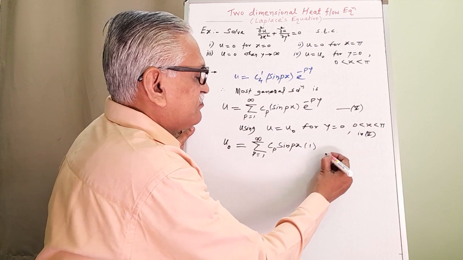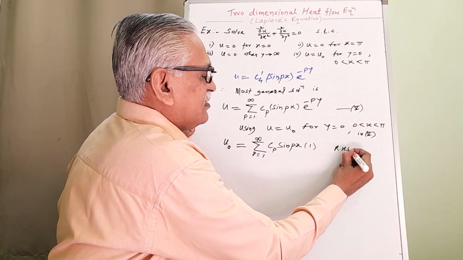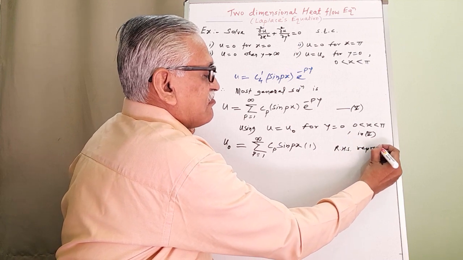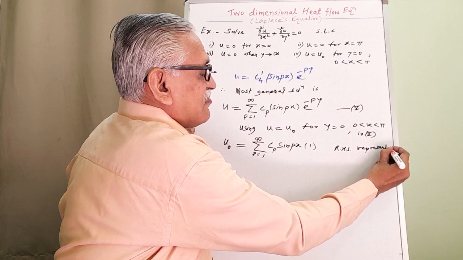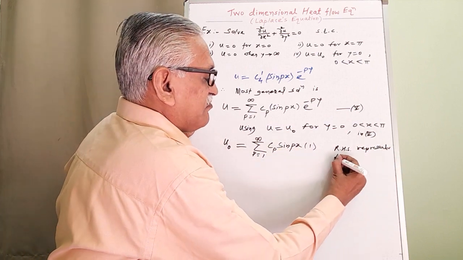The right hand side of this equation represents half range sine series.